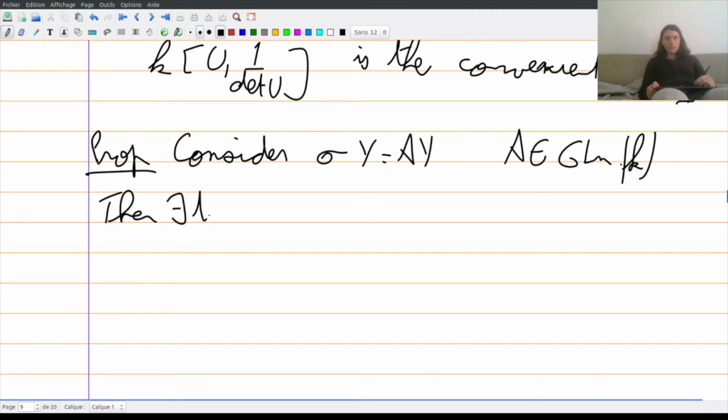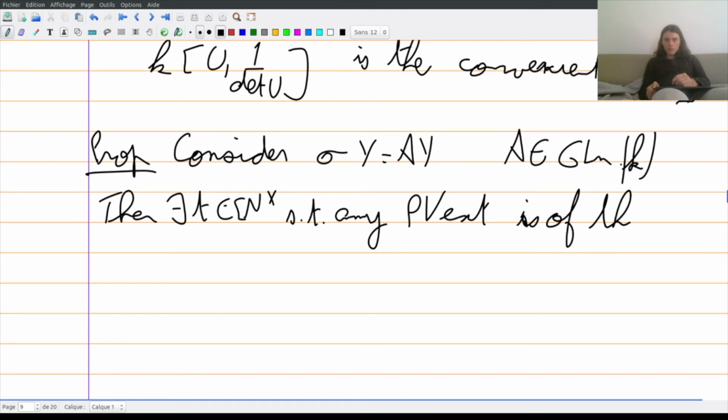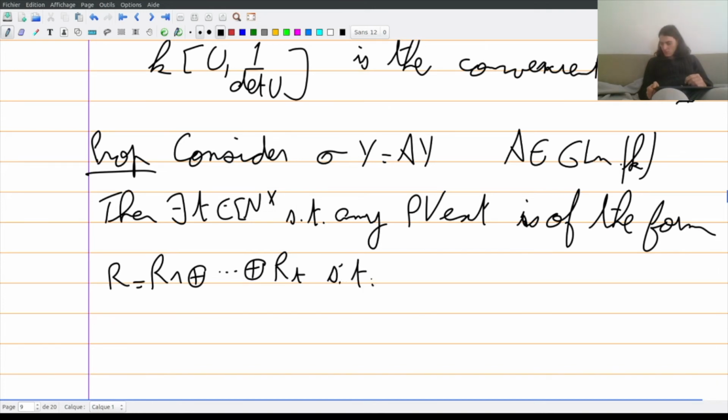Then there exists an integer t such that any PV ring extension is of the form, the direct sum of R1 until Rt, such that the Ri are integral domains.